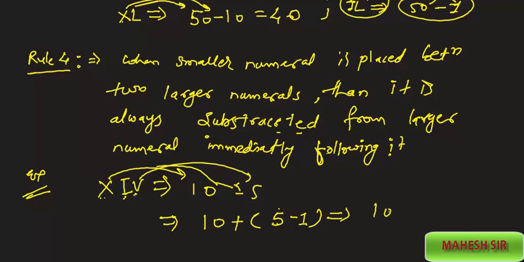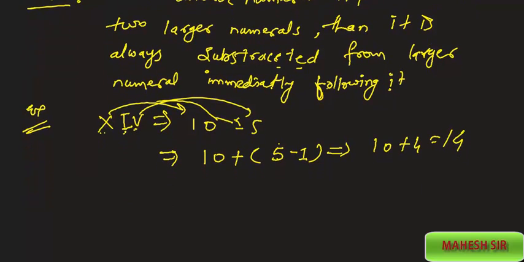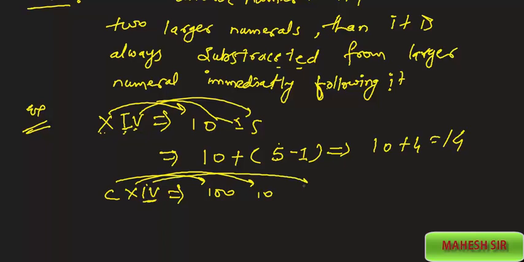Okay, so I'm taking one more example. CXIV. Look here, student. This C stands for 100, this X stands for 10. This IV is standing for number 4, or you can write 5 minus 1. Now put here plus, so it becomes 110 plus 4, it's 114.